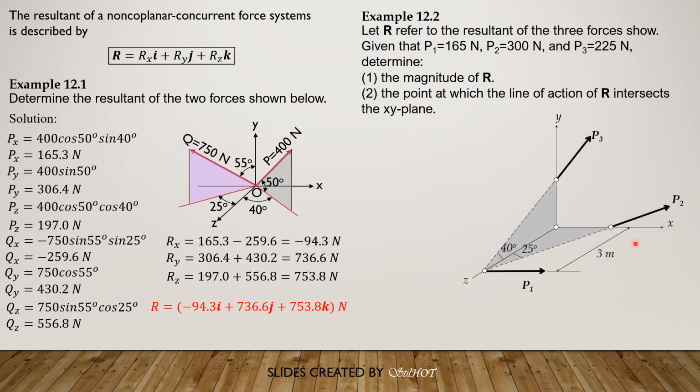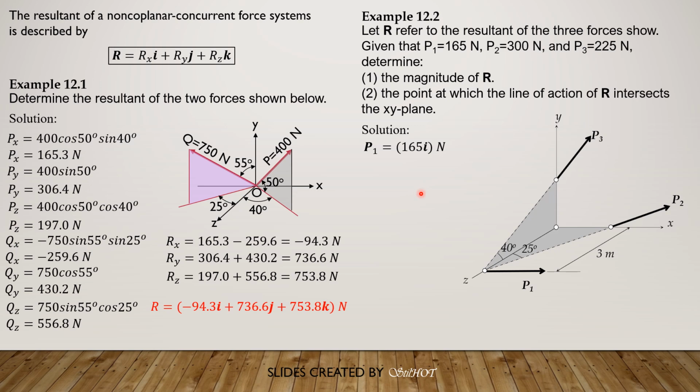Given this figure here, let's define each force in vector form. P1 is directed rightward, so it is automatically 165i newtons. Then P2 is directed backward and rightward, so there are only two components, x and z.